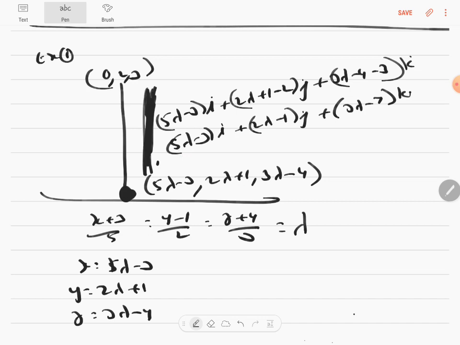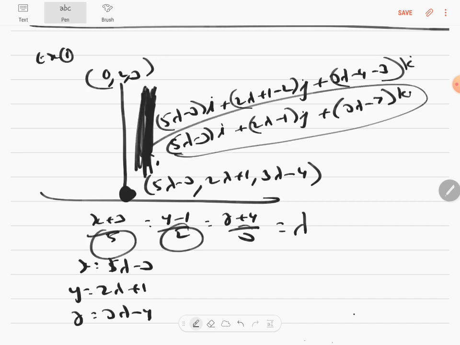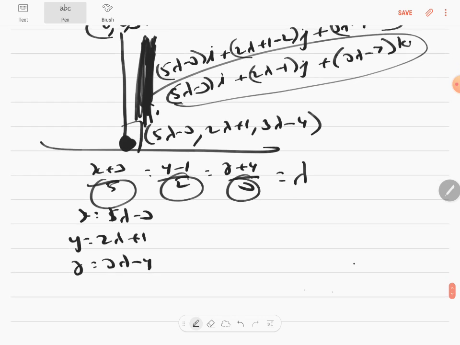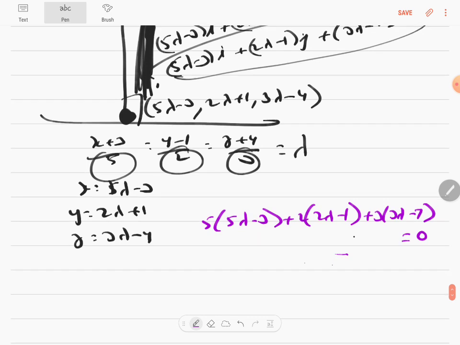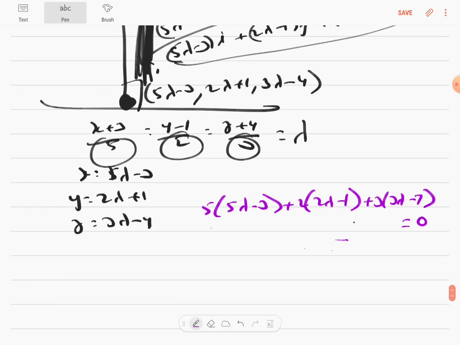You know now this direction you got, that and this below one will be perpendicular because it's the foot of the perpendicular, so take the dot product of them. So 5 into 5 lambda minus 3 plus 2 into 2 lambda minus 1 plus 3 into 3 lambda minus 7 is equal to 0. Hence you can find what is your lambda. So that's what we're going to do. So then it's 25, 5 into 5 lambda minus 3 plus 2 into 2 lambda minus 1 plus 3 into 3 lambda minus 7.